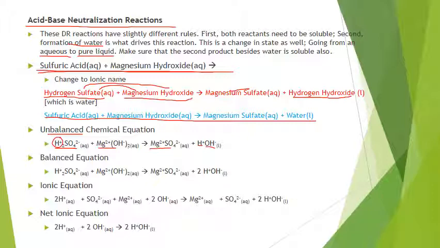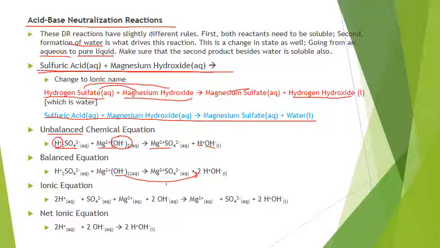Okay, for the balanced equation, I am going to start with the negative ion that has 2. I have 2 hydroxides, so what I'm going to do is come over here and put a 2 in front of the HOH.